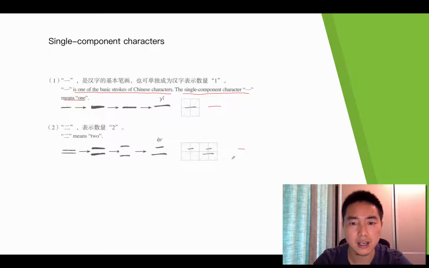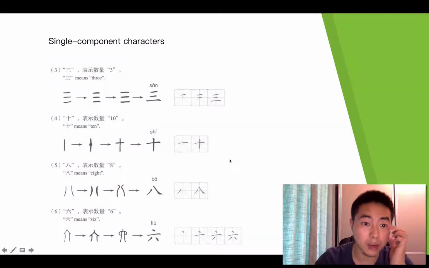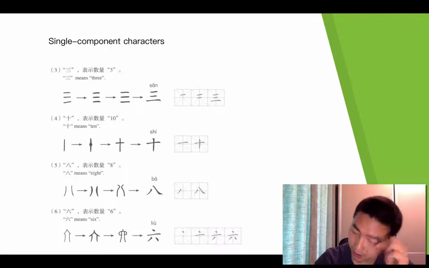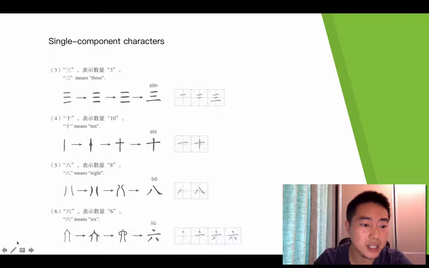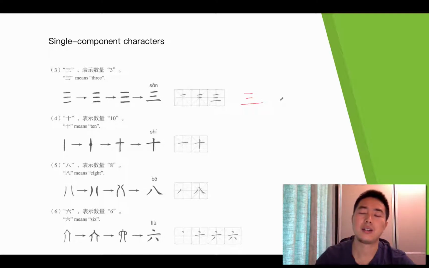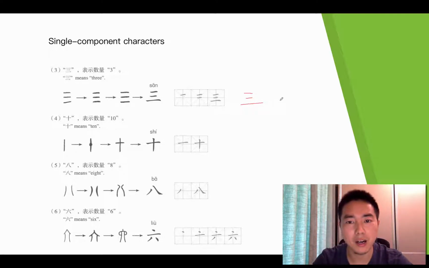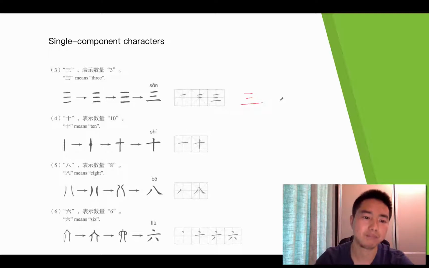So it's just counted as 2 in Chinese. The third one, okay, you guessed it, is 三. Yes, so 3 just with 3 horizontals. So you may ask, how about 4? Are there 4 horizontals? No. From 4, we have different writings, but we're not going to introduce this to you today. We will be learning it later, okay?